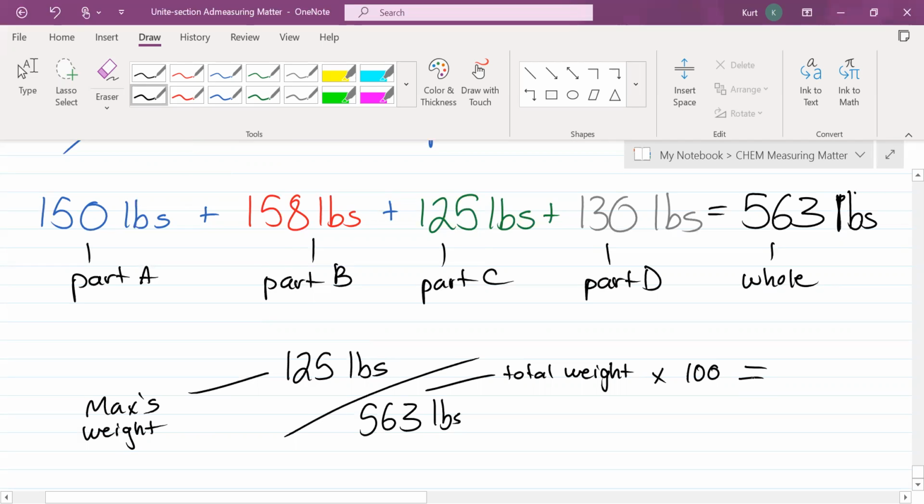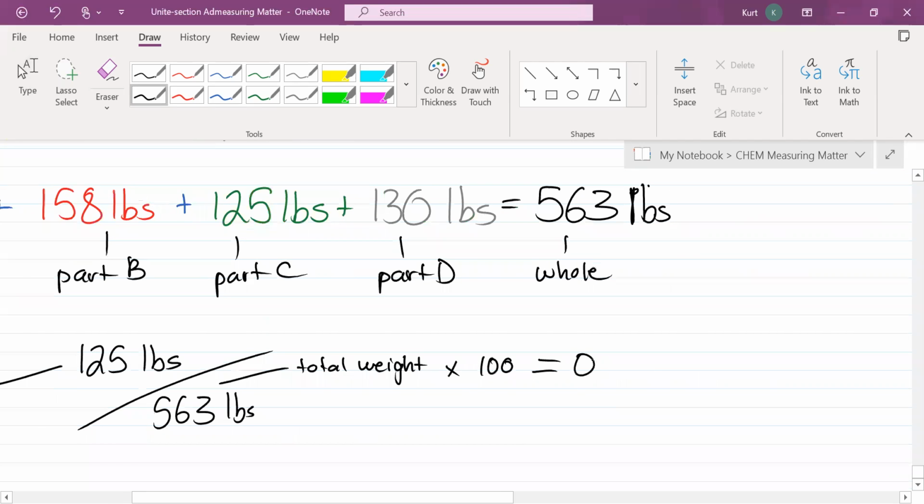Hey Siri, what is 125 divided by 563? 125 divided by 563 is about 0.222. So 0.222 times 100 is 22.2%. Max's weight makes up 22.2% of the 4 boys together. Just shy of a quarter. That is known as percent composition.